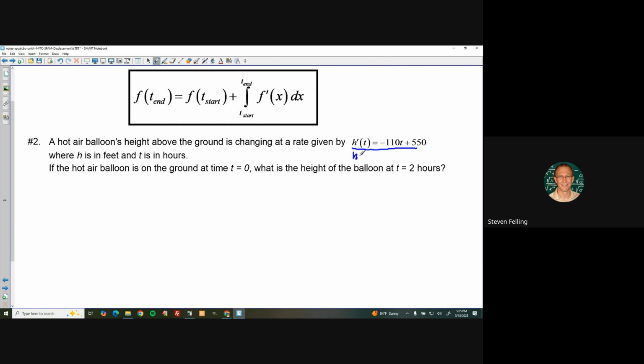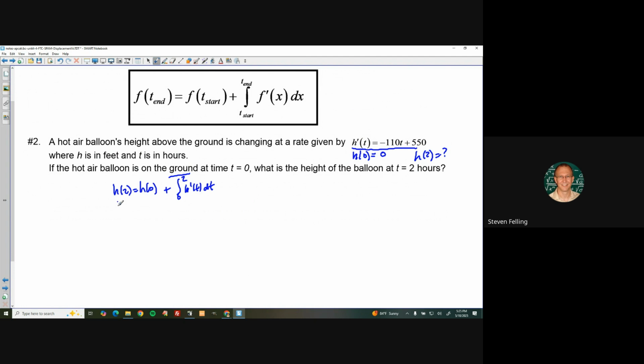We know that h at time 0 is, well, it's on the ground, so that means that the height is 0, and we're trying to find h of 2. That's the goal. Okay, so the setup for that is h of 2 is equal to the height at the start plus the accumulation from 0 to 2 of the derivative.